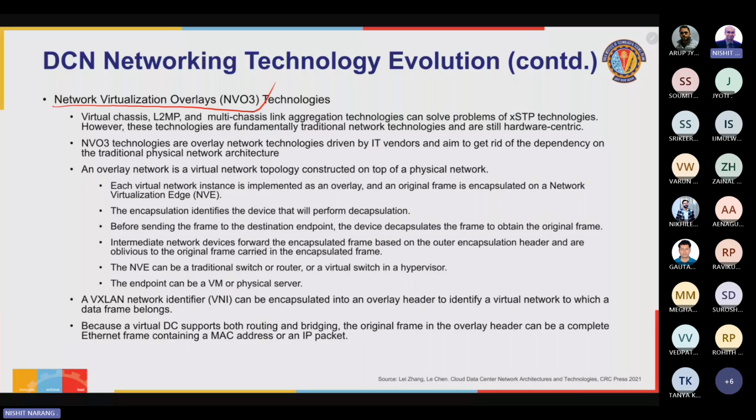It came to L2++. But NVO3 technologies realized that the underlying network topology was also going to migrate from access aggregation core to Clos, so they went all out and said, we don't need L2 protocols anymore. I mean, when I say L2 protocols, of course, you need an entire protocol stack, but I don't need to tie my switching function, routing function, forwarding function up with L2.